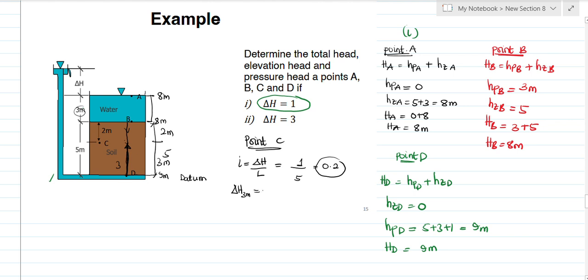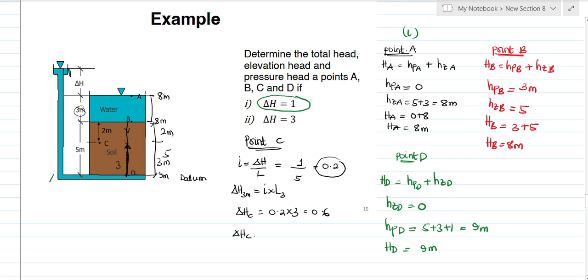So the head loss at 3 meters, that's C, is equal to the hydraulic gradient times the length there, that is the 3 meters length. So the head loss at C will be equal to 0.2 times 3, and that's 0.6 meters.